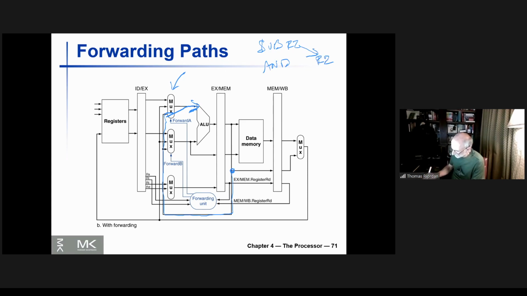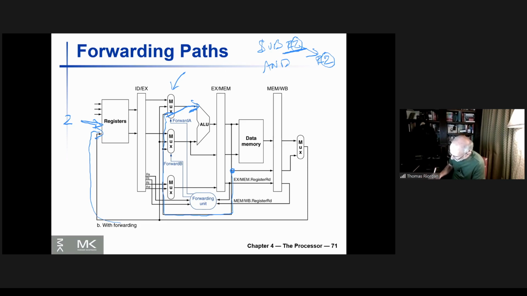And the way we're going to do that is, we're going to note that it's the 2 that's common here. That's the thing we have to note. And recall that this destination field R2, we have to carry it along with the subtract, because ultimately we have to write the result of the subtract into the register file at R2. So when we bring this data back, we have to have the value 2 pointing to the register write port so that we write it into the right place.